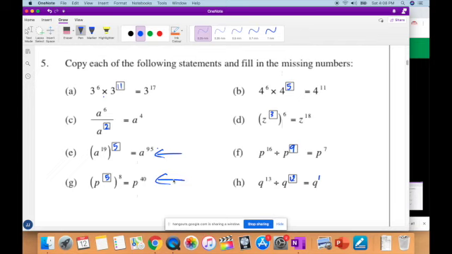Right. But you understand what we did here? Didn't we say that when you have the brackets and powers, you multiply the powers? Yeah. Right. So 19 multiplied by what will give me 95? Well, all you really need to do is divide the 95 by 19 and you'll get 5. You understand?